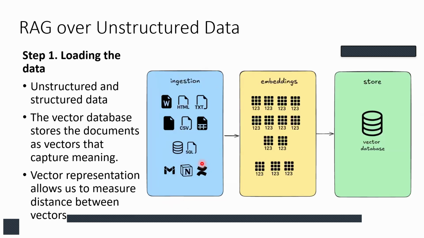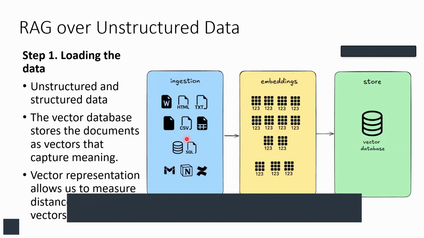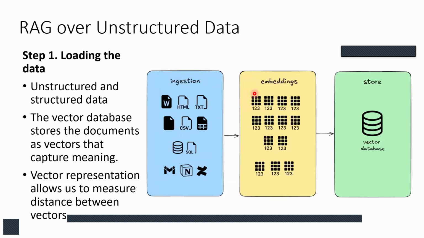Our first step is to upload that data. In order to do that, as I said, you need to extract the data and make it into numerical format. Machines cannot understand normal text, whether unstructured or structured data, so it has to be converted into some numerical representation, that is called embedding.